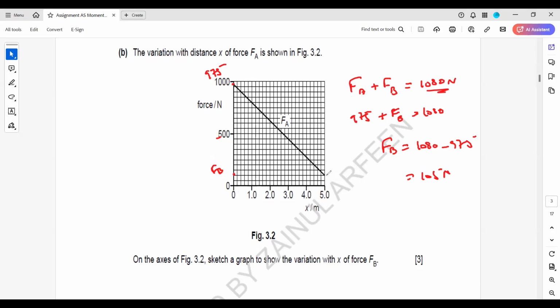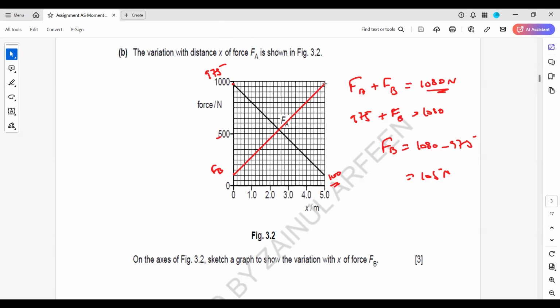If the value of FA is 100, what should be the value for FB? If the value is 100 for FA, what should be the value for FB? We subtract, so it will be 980. So 980 somewhat it will be here, like this point. And the change is linear. The values change linearly.